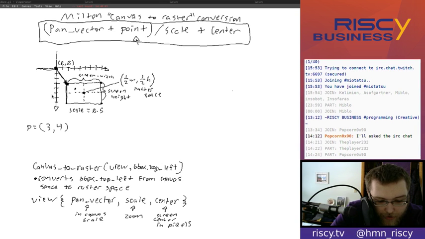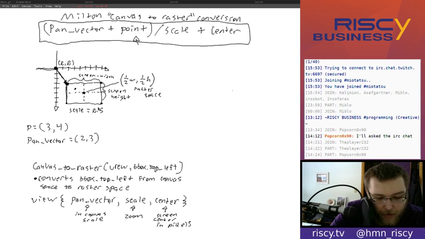We know that the pan vector is 2, 3. Now it's supposed to be in the canvas scale.